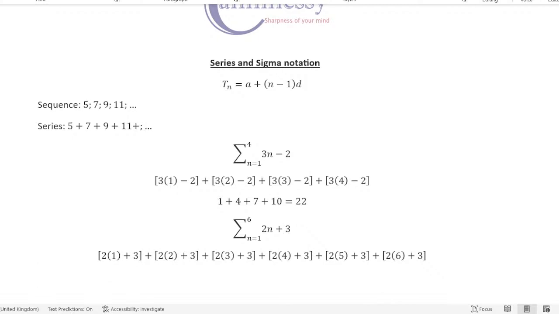All right, now let's simplify. Let's do this by inspection.